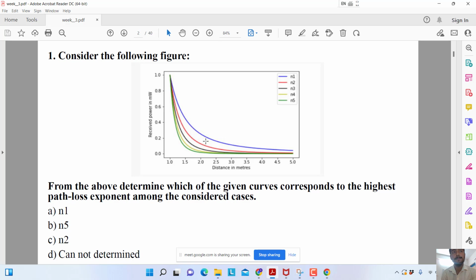Is the question clear? We have to find out the highest path loss exponent. We have five curves, sorry, five lines.